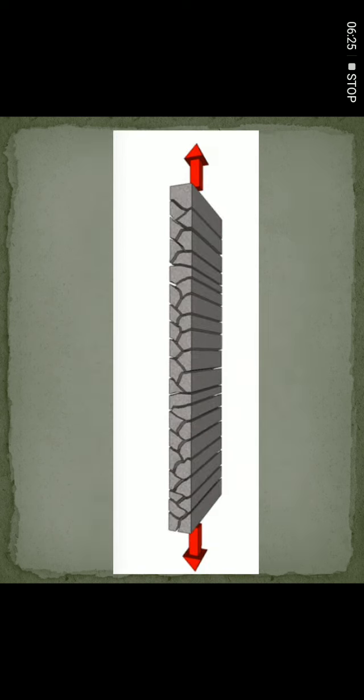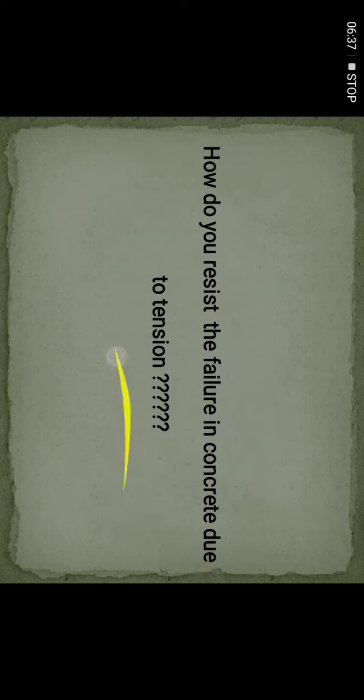While applying the tensile force, concrete is weak in tension, so cracks will occur like this. In order to overcome the tensile failures, we have to provide reinforcement in the tensile zone, that is, the bottom.